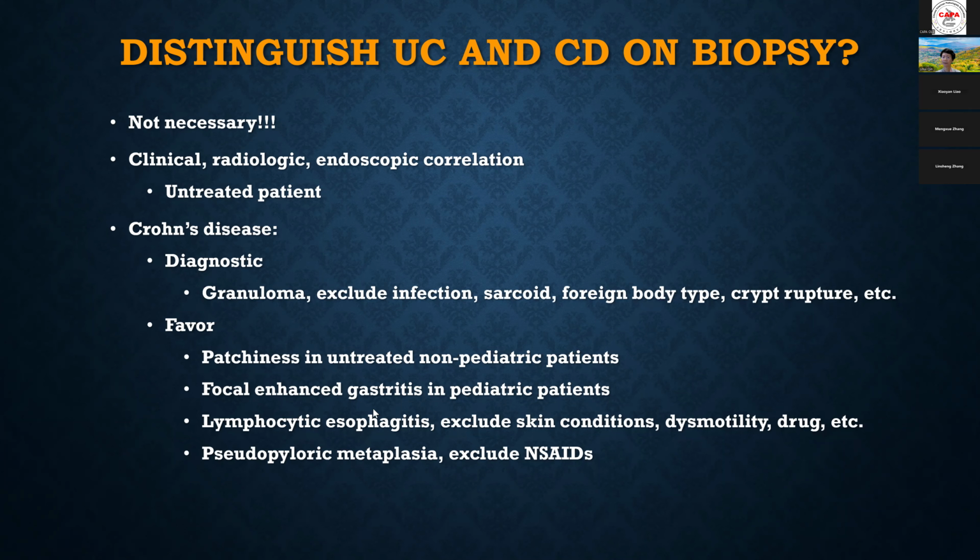But of course, lymphocytic esophagitis is not specific, because some skin conditions like lichen planus, dysmotility, and some drug therapy can all cause lymphocytic esophagitis. You have to exclude that. And then, of course, if you see pseudo-pyloric metaplasia in the terminal ileum, you can exclude backwash-induced injury. You can say, oh, favor Crohn's disease.